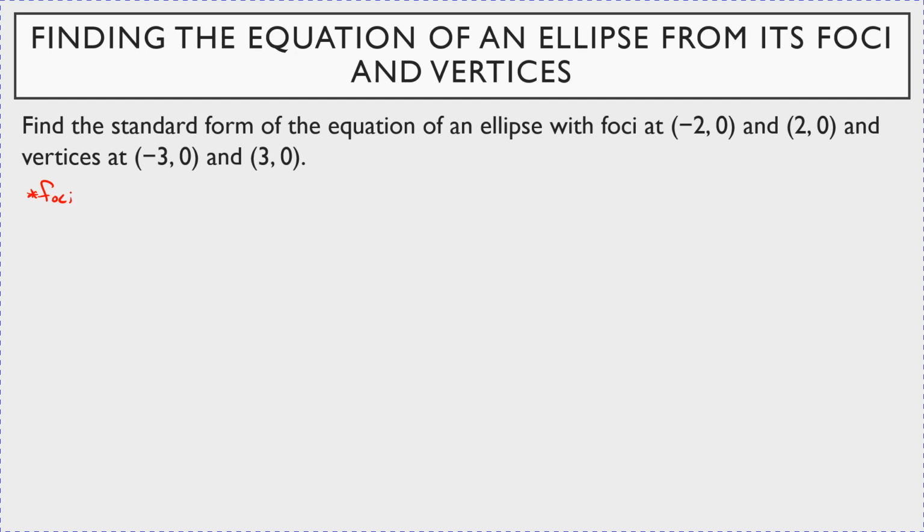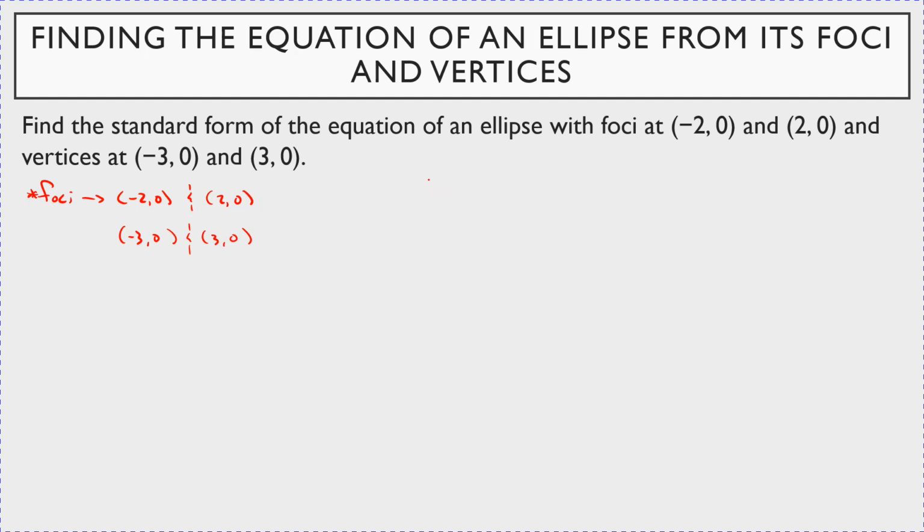So foci negative 2 comma 0 and 2 comma 0, and vertices at negative 3 comma 0 and 3 comma 0. All right, so what's going on here is they're telling you it's centered at the origin.